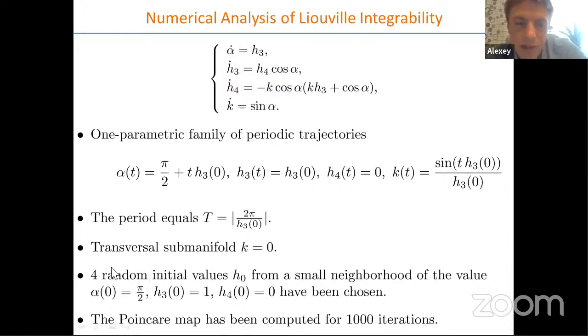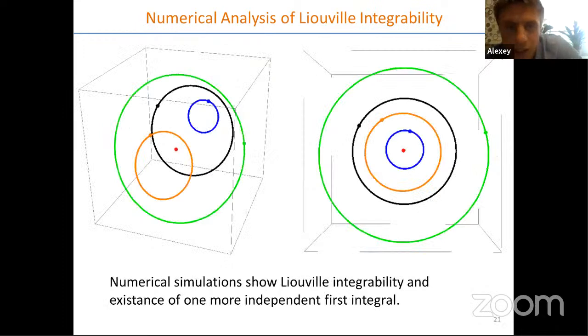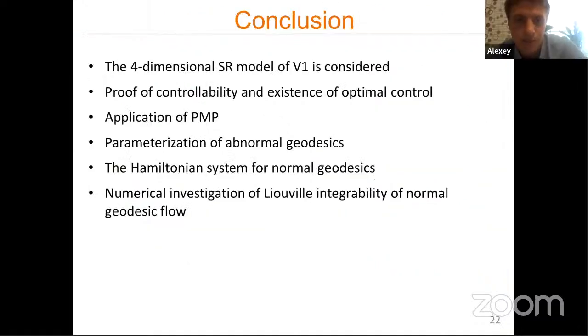In the next figure, we show 4 random initial values from a small neighborhood of the initial value that corresponds to a periodic trajectory, and then compute the Poincaré map for 1000 iterations. And we obtain these nice smooth curves. It clearly shows that this system is Liouville integrable. But the question is to find this remaining first integral and then to find the exact parameterization of the geodesics.